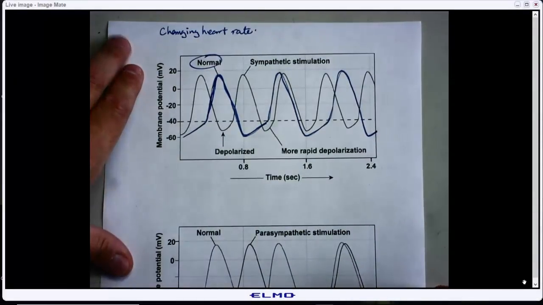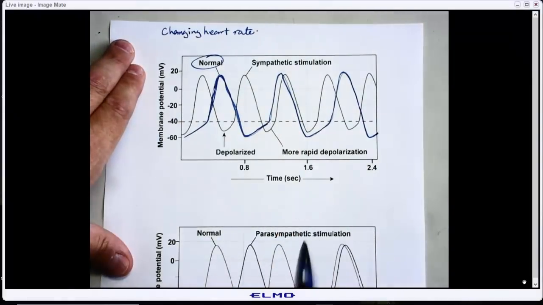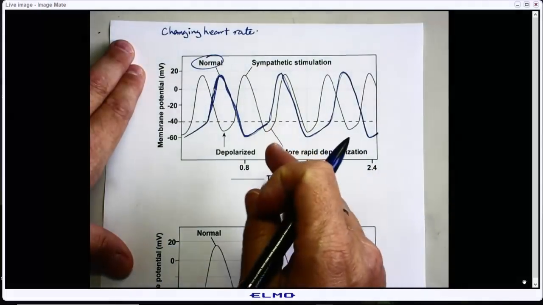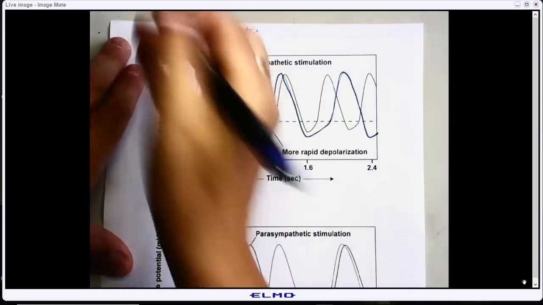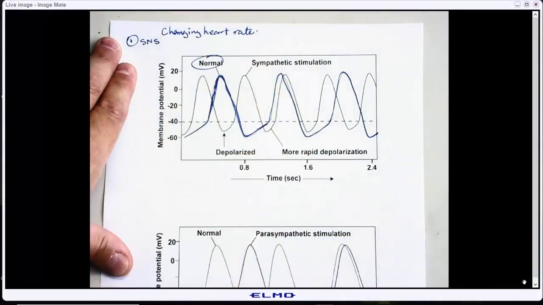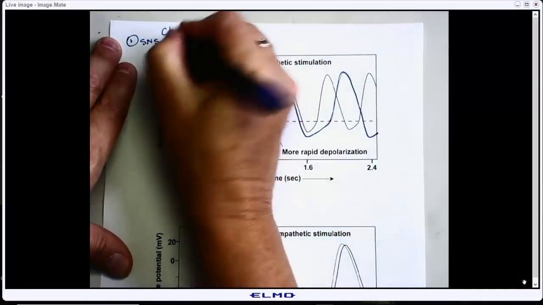So we do have direct SNS innervation into these nodal cells. That means we've got a nerve coming from the coordinating center in the brain, directly coming down and synapsing onto these nodal cells, which means that we can change their behavior. So indeed, we have sympathetic nervous system nerves synapsing onto those nodal cells.